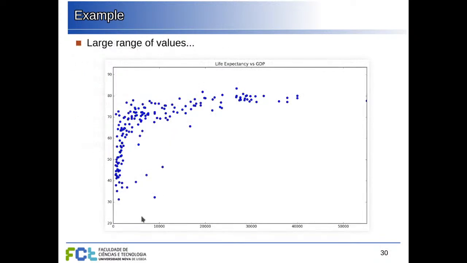So basically, since we are dealing with only positive values, if we divide all the GDP values by the maximum, then all the GDP will be between 0 and 1. And if we divide the life expectancy by the maximum value, the life expectancy will be between 0 and 1.